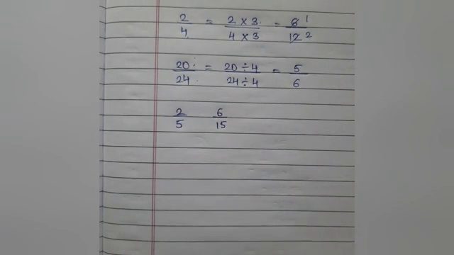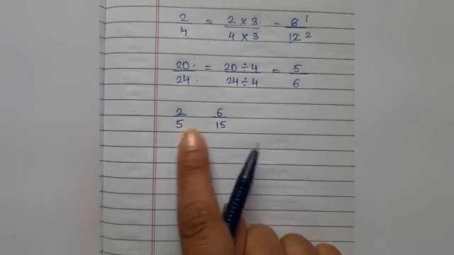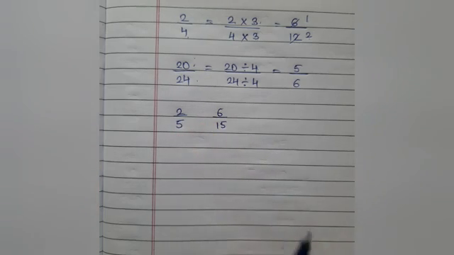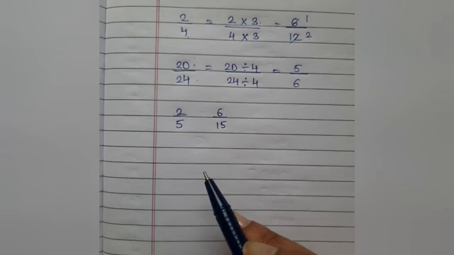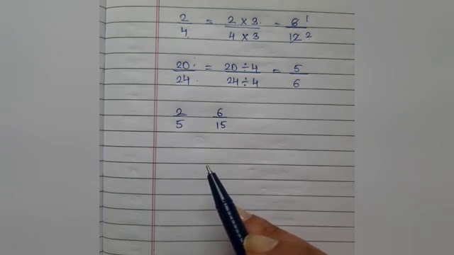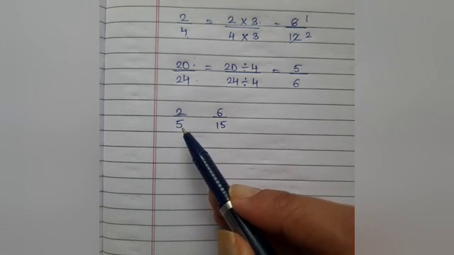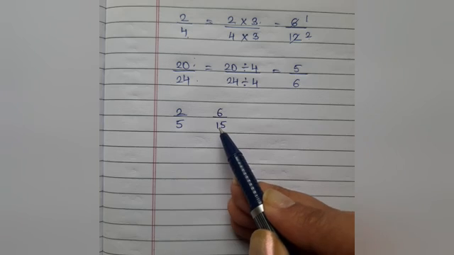In these two fractions, there is a connection. That is, when a particular number is multiplied with the first fraction, the second fraction will be our answer.